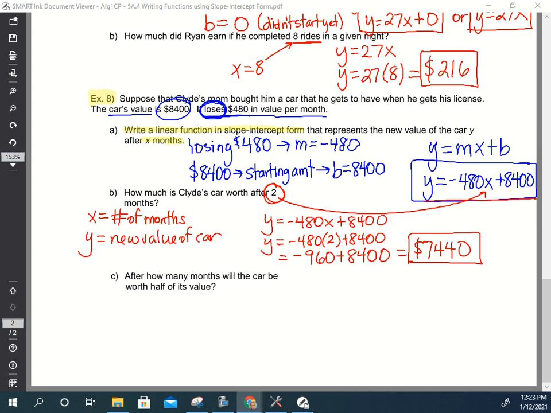So how much was the car when he first got it? That's $8,400. Yep. All right, thank you, KBR and Cyrus. So it's $8,400 when he got it.